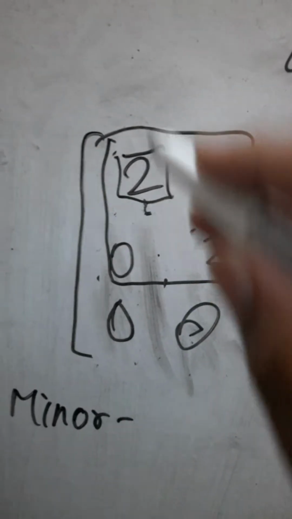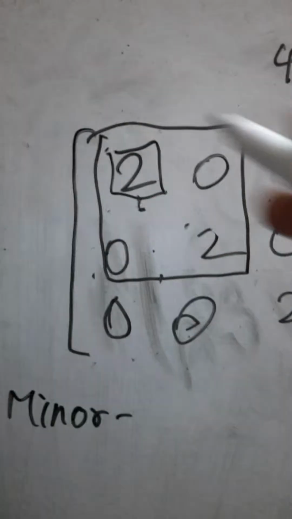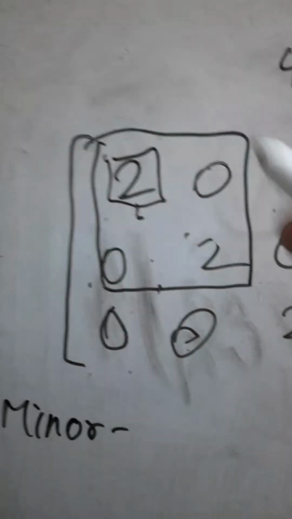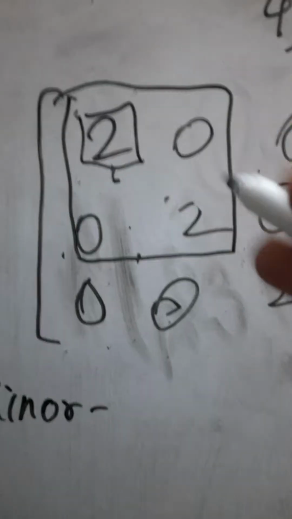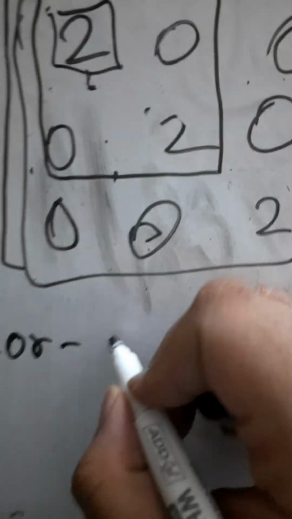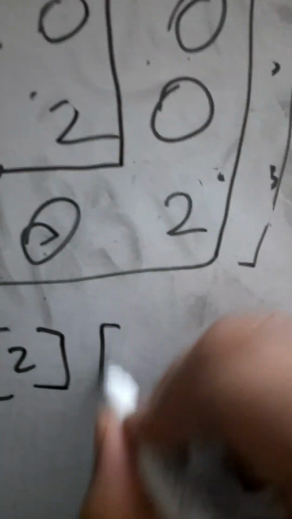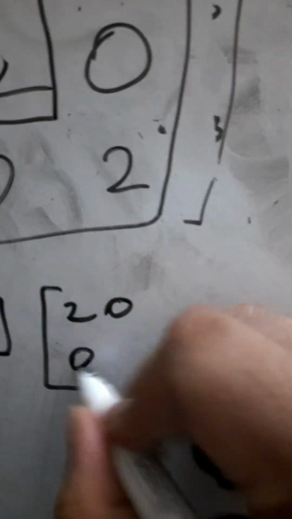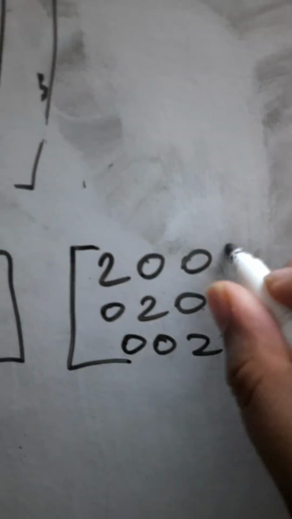So first we take the smaller minor, then a bigger minor, then a still bigger minor. So 2 first is 2, then it's going to be 2 0 0 2, a second order matrix, then a third order matrix 2 0 0 0 2.